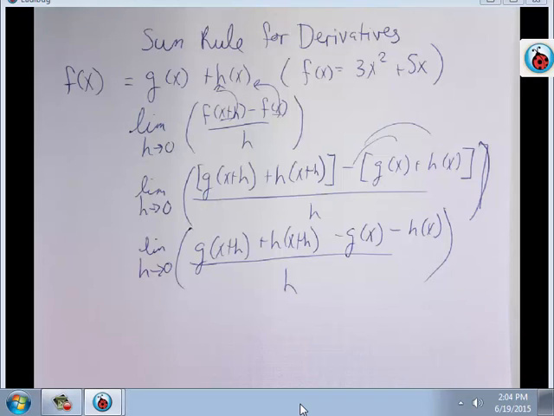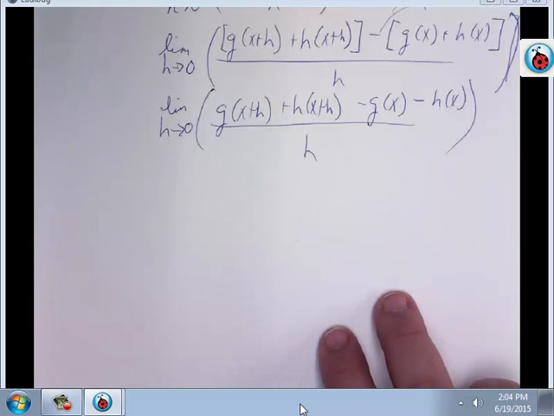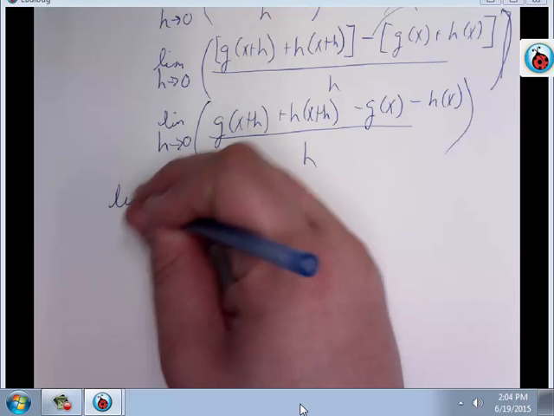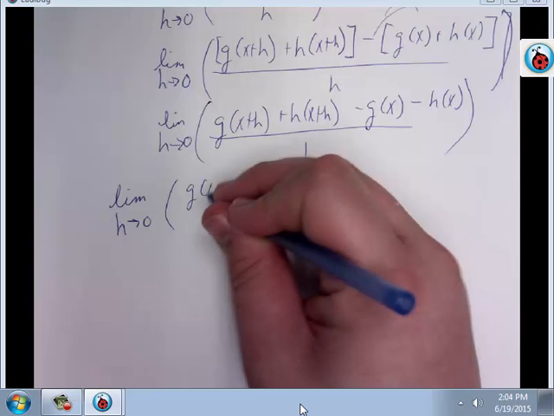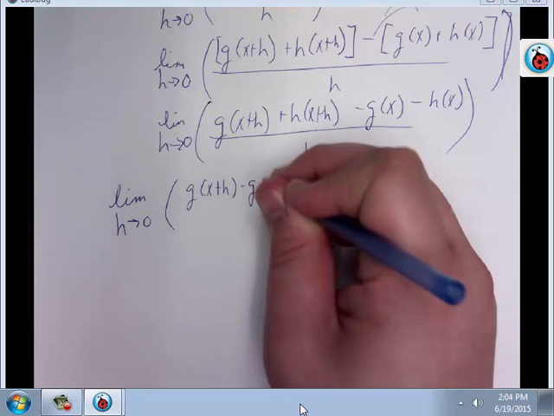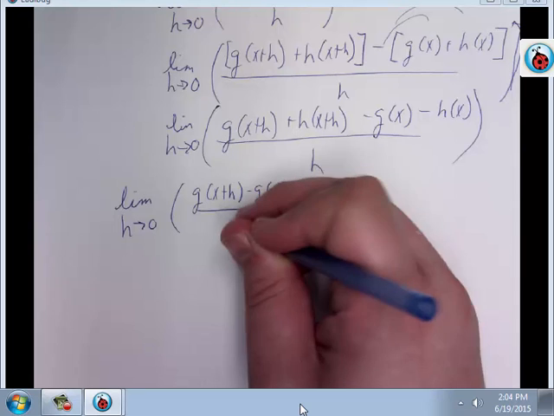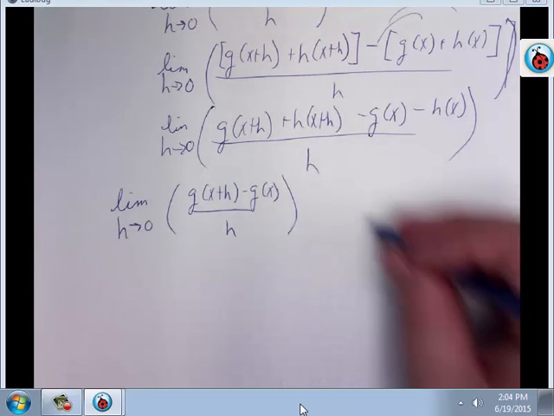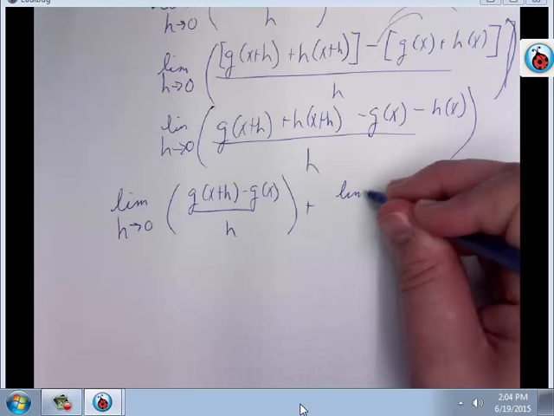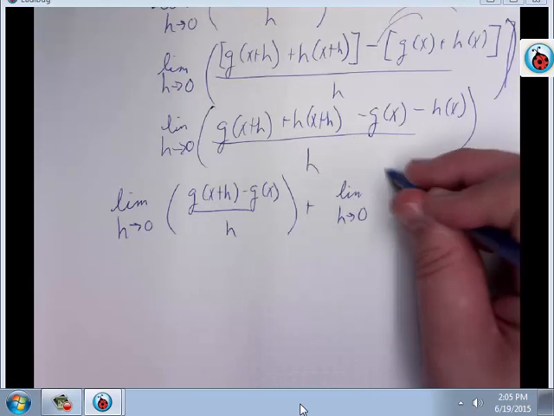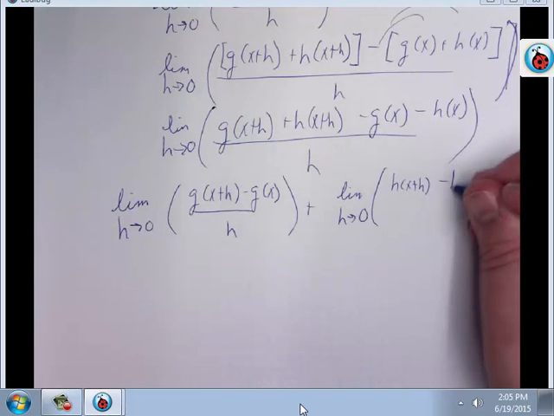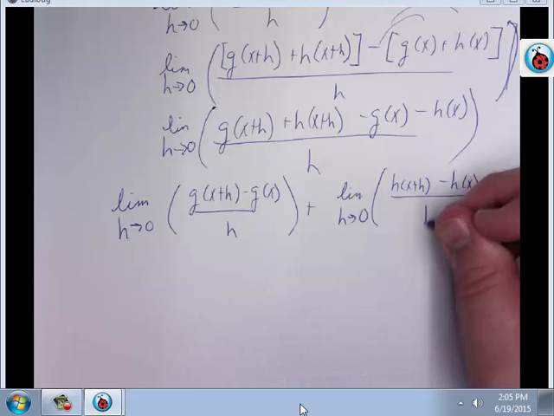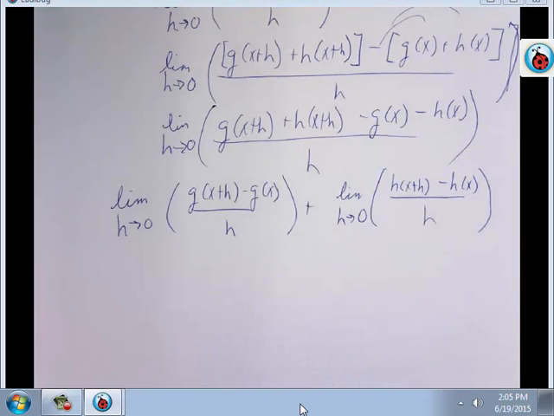Now I'm going to do some rearranging. And we end up with, as h goes to 0, g of x plus h minus g of x all over h, plus the limit as h goes to 0 of h of x plus h minus h of x all over h. Hey, looky here.